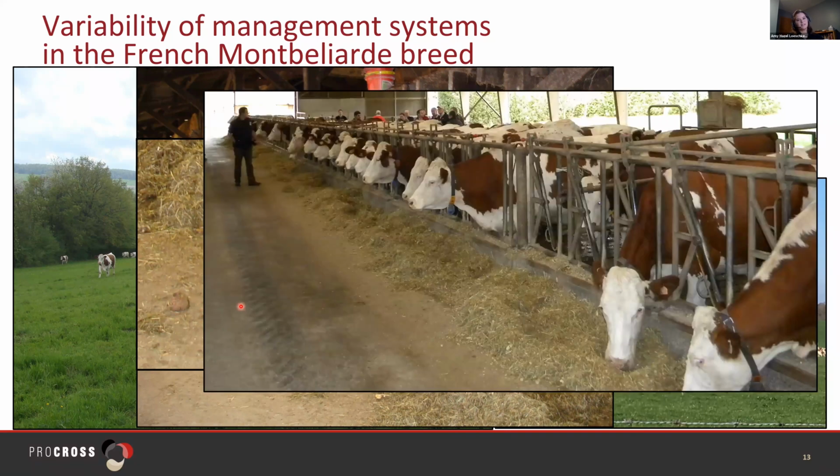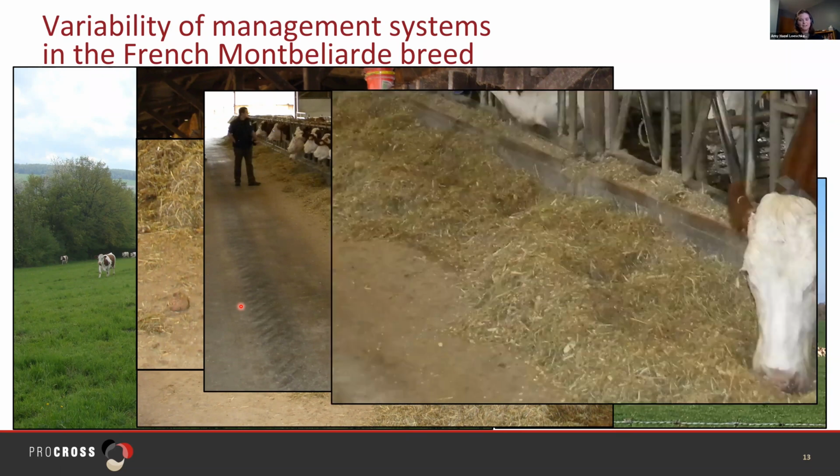On the opposite side of the spectrum, here is a high performance Montpellier herd that's housed indoors a majority of the time. And they are in fact eating more of a traditional TMR diet that we would see in the US. More corn, more starch, more corn silage, and more digestible forages.